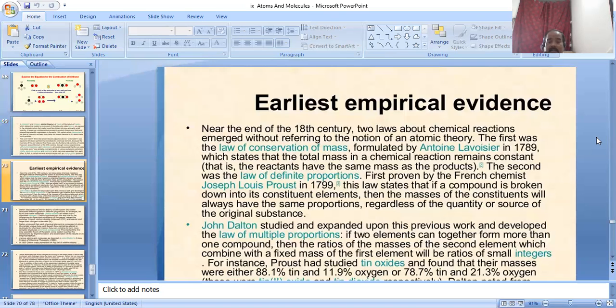The second was the law of definite proportion, first proven by the French chemist Joseph Louis Proust in 1799. This law states that if any compound is broken down into its constituent elements, then the masses of the constituents will always have the same proportion, regardless of the quantity or source of the original substance.